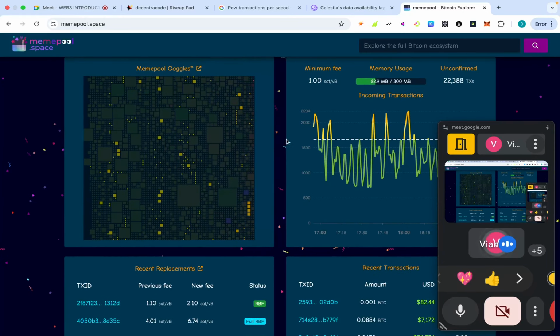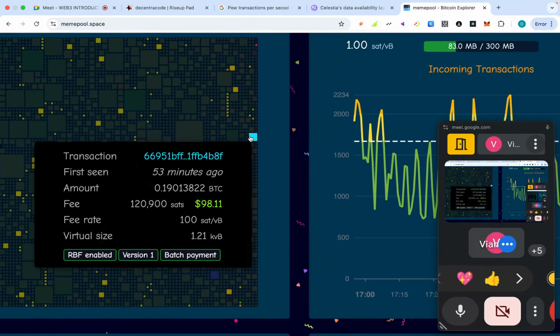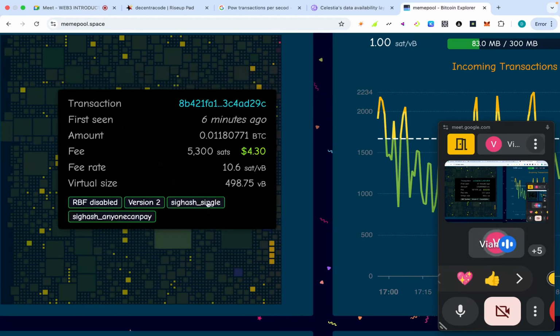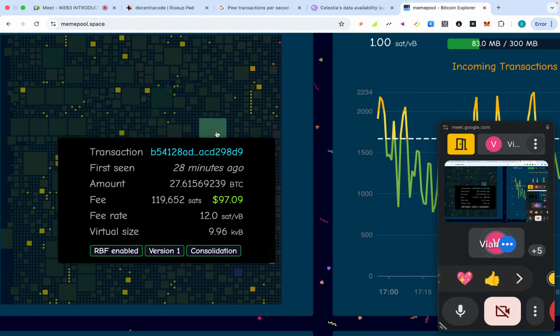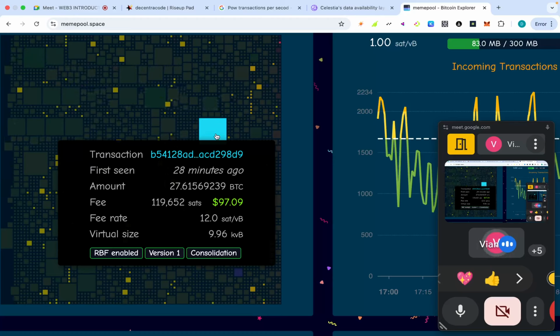Now, these are transactions that are running on Bitcoin right now. So I want us to look at the size of this. By the way, the size of that represents the size of the transaction. So let's look at two transactions here. Look at this particular transaction. The transaction ID is B5 something. It is an amount of 27 BTC, and the fee is almost $98. So now that's the gas fee.